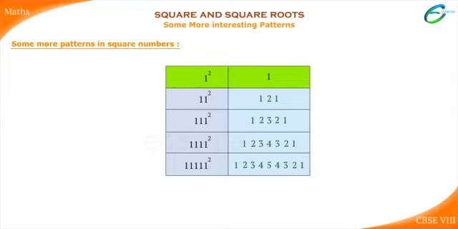Square of 1 is 1. Square of 11 is 121. Square of 111 is 12321. Square of 1111 is 1234321.